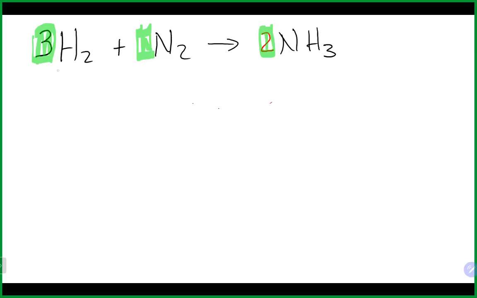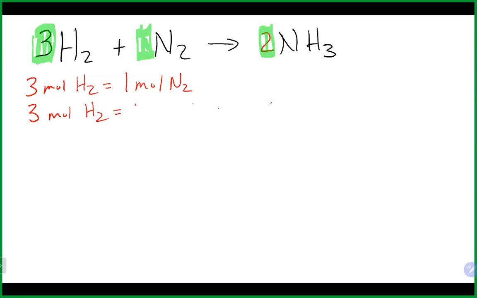So for our H2, how many moles of H2? 3 moles of H2. And that means that I would have to put how many moles of N2 in there? 1 mole of N2, right? Now, if I throw in there 3 moles of H2, how many moles of the NH3 should I get out?